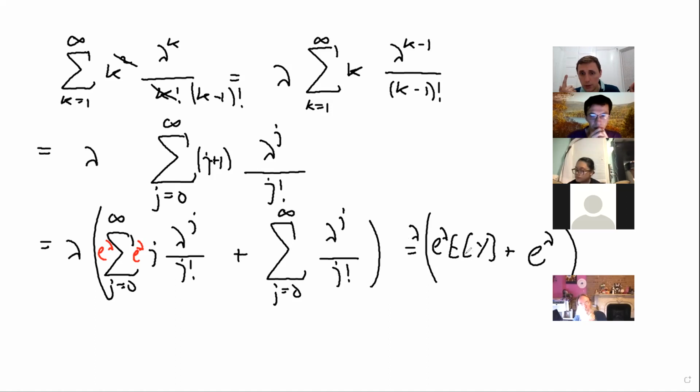We already calculated it to be lambda. So this can be simplified as lambda, factor e to the lambda. And then here we have lambda plus 1. One second, something is.